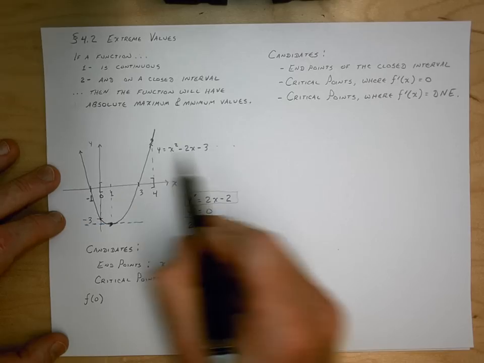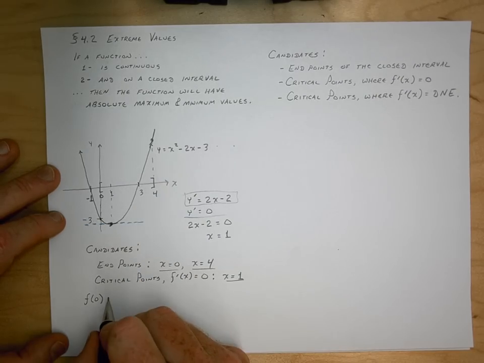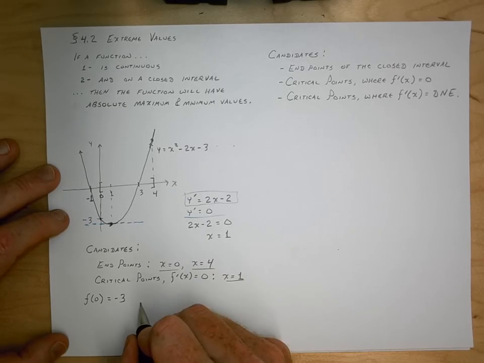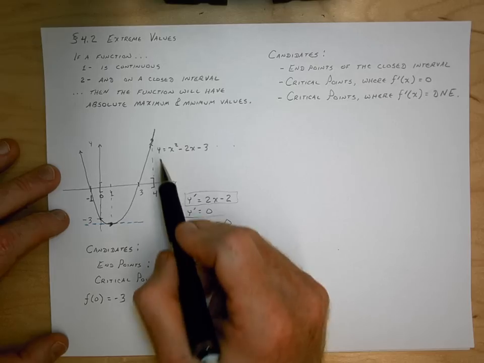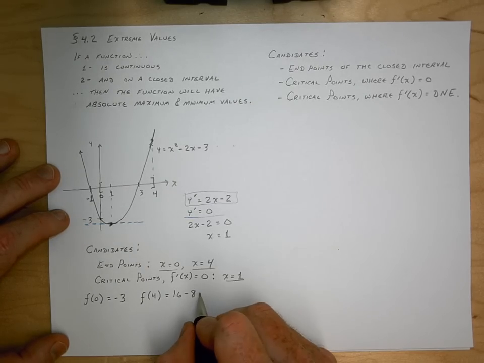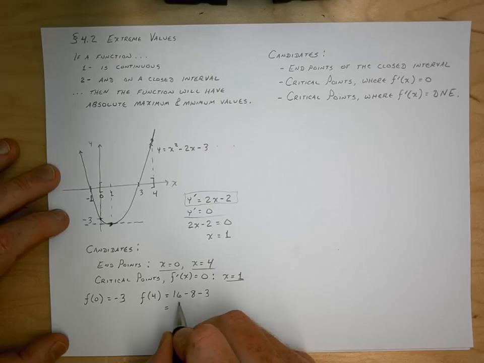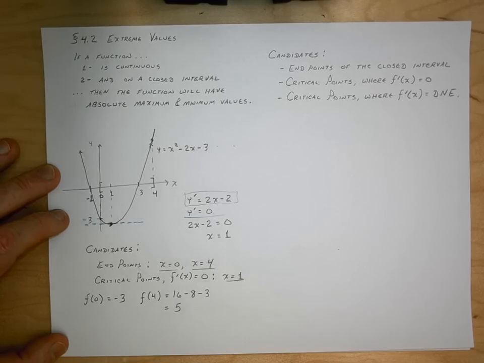If I plug 0 into my function, I get 0 squared minus 2 times 0 minus 3. I get -3. If I do f of 4, 4 squared is 16, minus 2 times 4, that's 8, minus 3. It looks like I get 5.